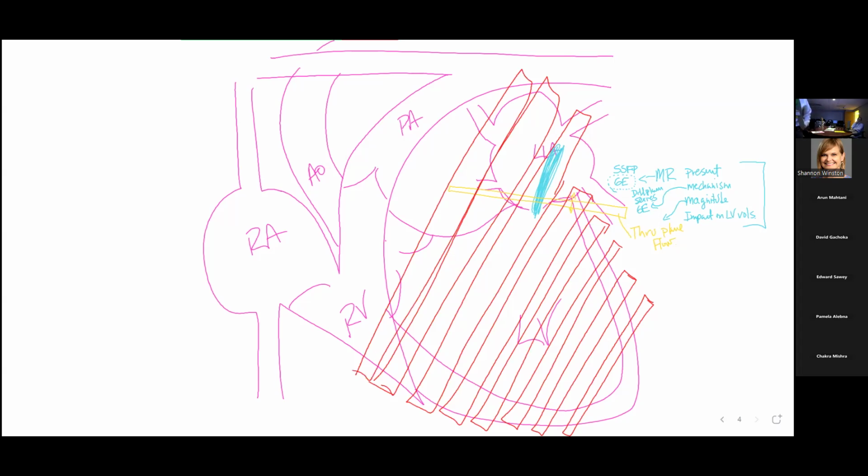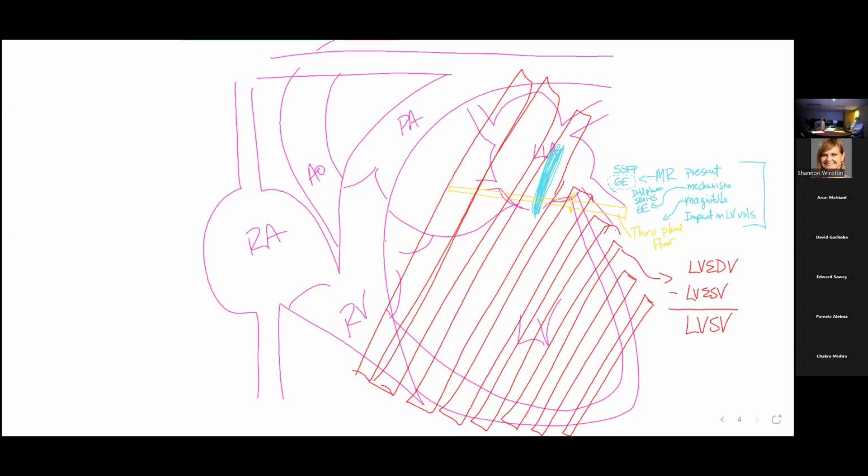So we get a stack of these cine slices, and from that we can get the LV-EDV and the LV-ESV.